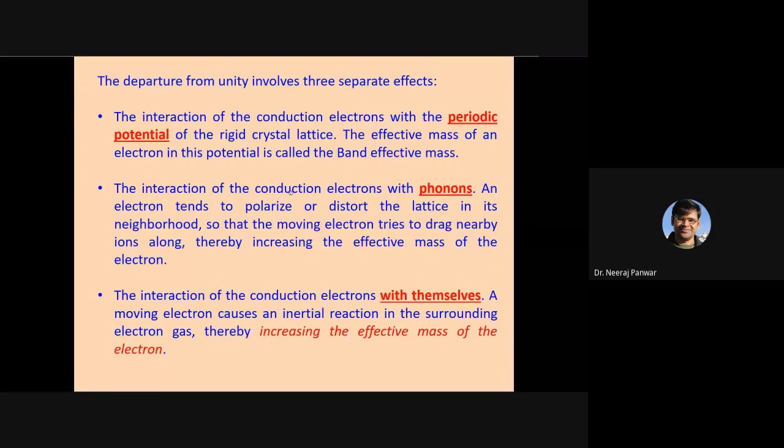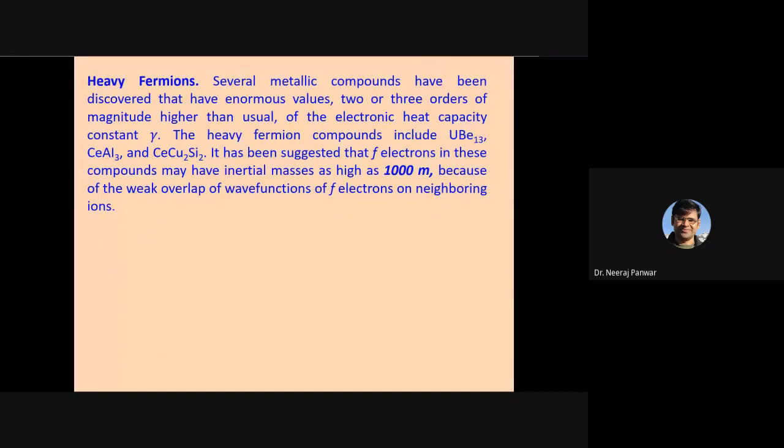So these are the three interactions that will give rise to the phenomenon of effective mass. That is, the electrons will behave as if they were particles of heavier mass in comparison to the free electrons.